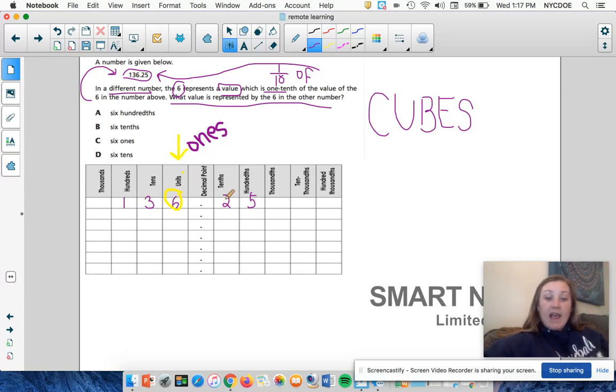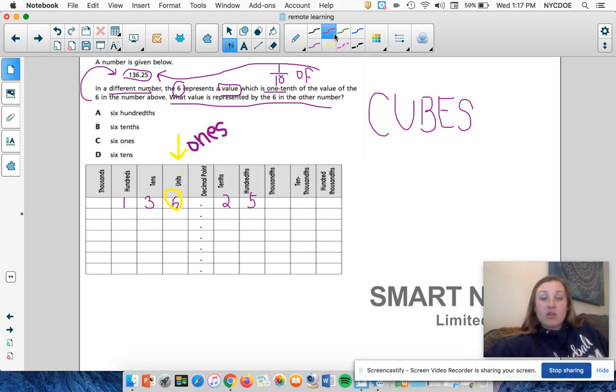So now that I did all those steps, I'm going to go back to my word problem. In a different number, we do not know that number, the 6 represents a value which is 1/10 the value of the 6 in the number above. What value is represented by the 6 in the other number?